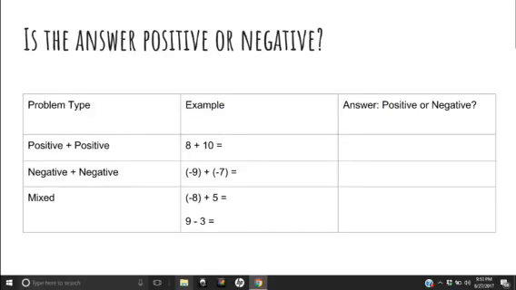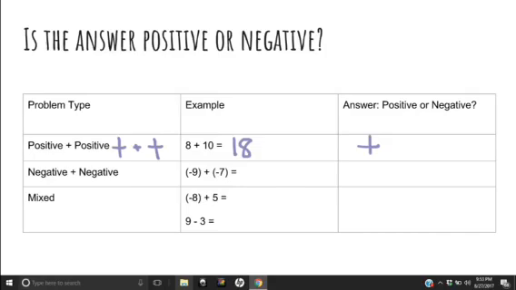Is the answer positive or negative? You see here in our examples, we have a positive plus a positive, like 8 plus 10 gives me 18. Of course, anytime you take two positives, just like the math you learned to do in elementary school, the answer is going to be positive.